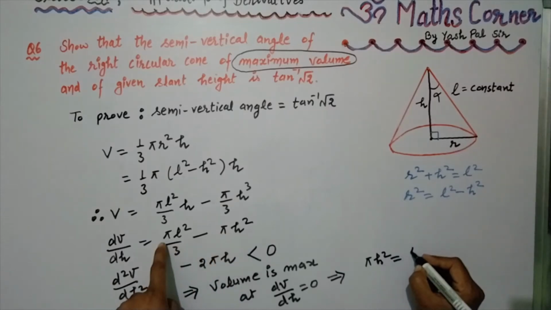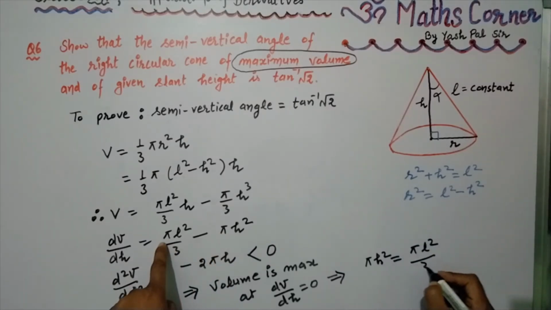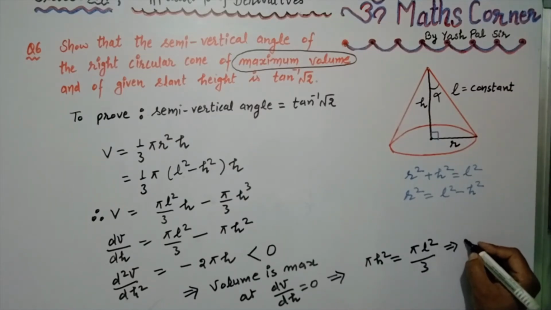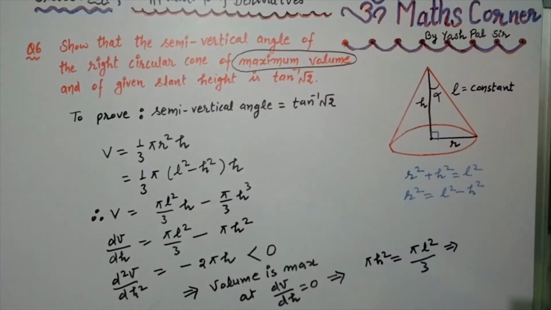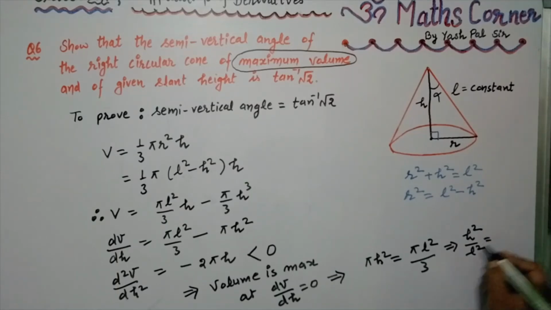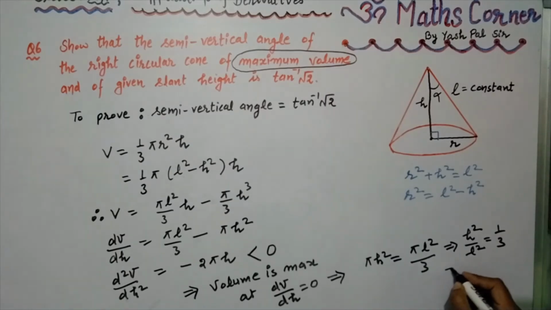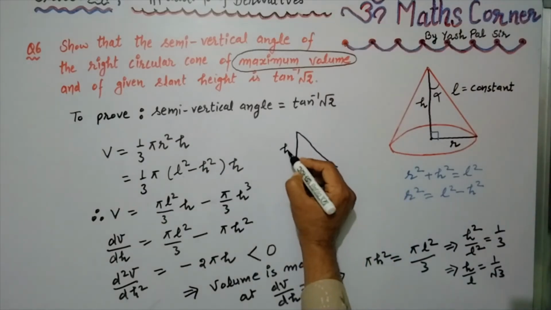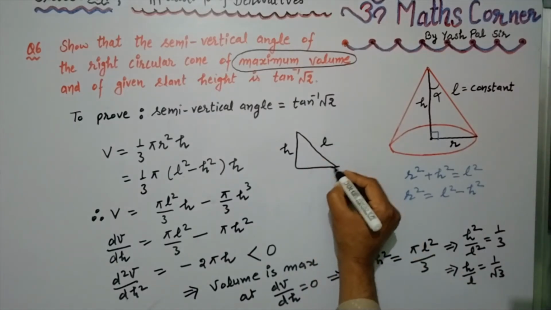So from here, dV upon dh equal to 0, if we substitute, then we have pi into h square equal to pi L square upon 3, pi cancelled, so this implies h square upon L square is equal to 1 upon 3. Further, the conclusion is h upon L is equal to 1 upon square root of 3.